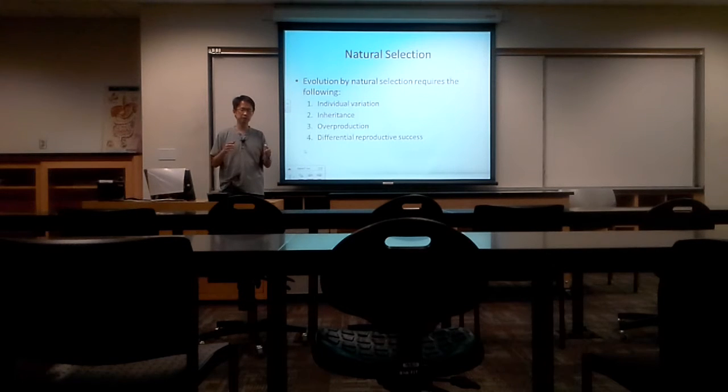All the individuals in the population compete for the same resources. When everyone is competing for the same resources, there is a famous saying, survival of the fittest. Only the fittest individuals can survive. In this case, we will have natural selection.